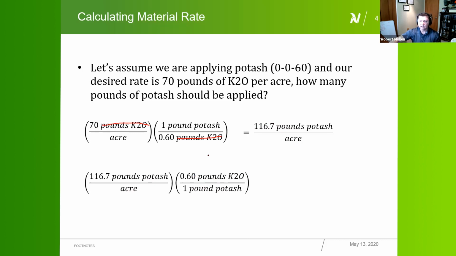And you may be questioning, why is this one inverted from the one up here? And the answer is, I'm trying to eliminate units. I'm trying to get rid of this pounds of potash, because ultimately I want to know what is the pounds of K2O per acre that I'm ultimately supplying? So now all I have to do is multiply 116.7 by 0.6, and I'm back to that 70 pounds of K2O per acre.